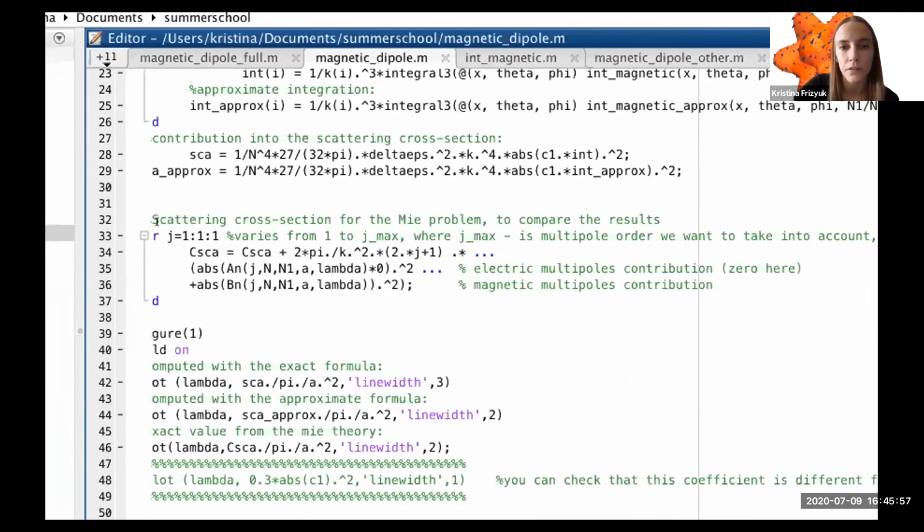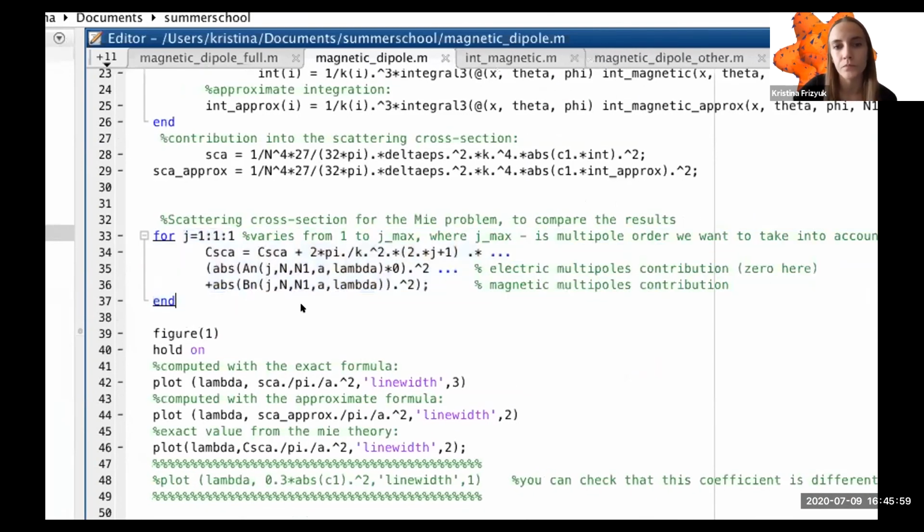You have this part that computes the scattering cross section for the Mie problem, just to compare the results. And here the Mie coefficients a_n and b_n are computed.